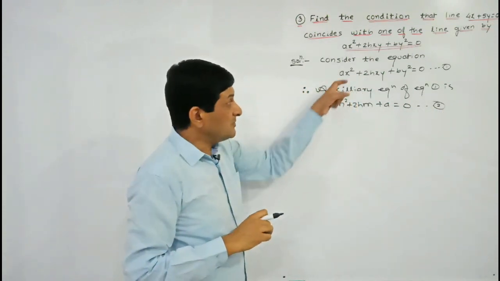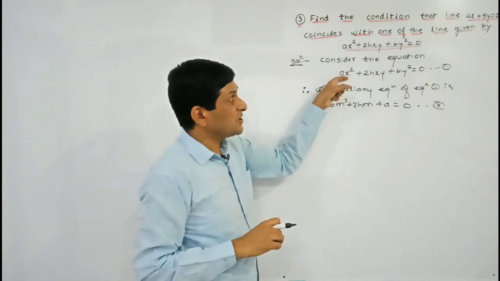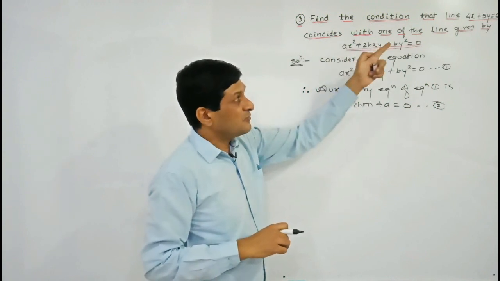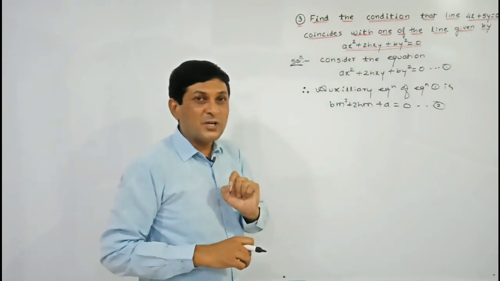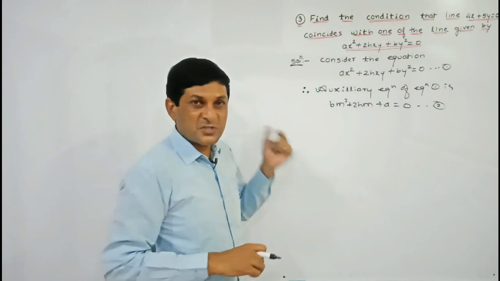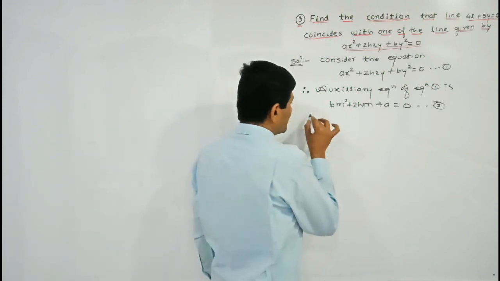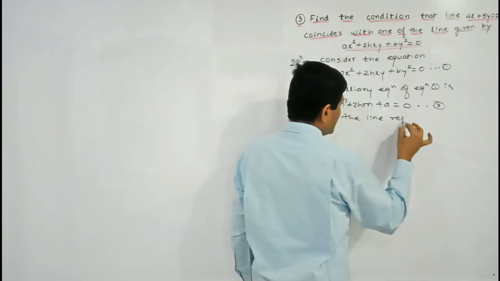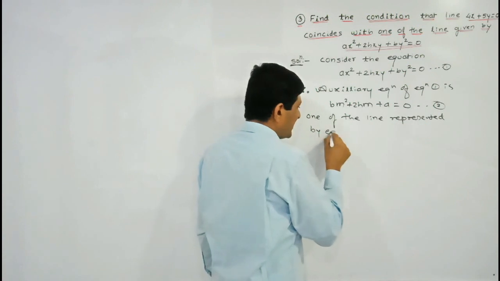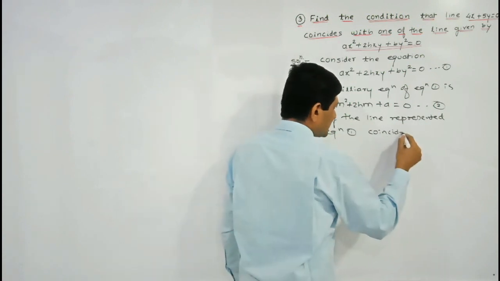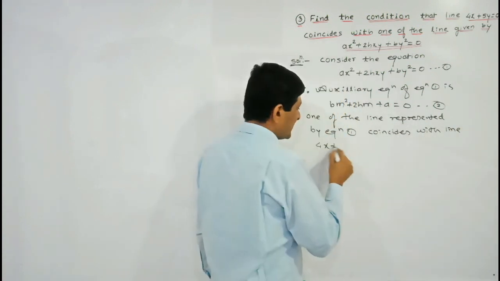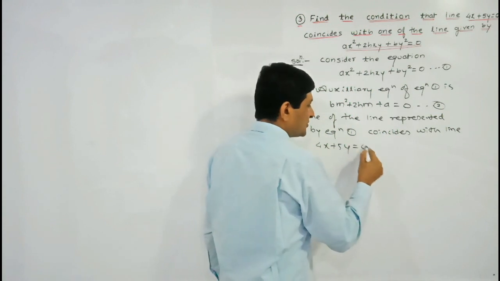Now, one of the lines represented by this equation coincides with the line 4x plus 5y is equal to 0, this is the given condition. So one of the lines represented by equation first coincides with the line 4x plus 5y is equal to 0.